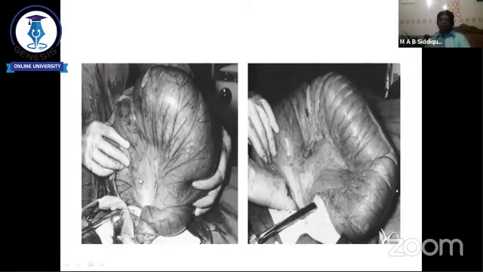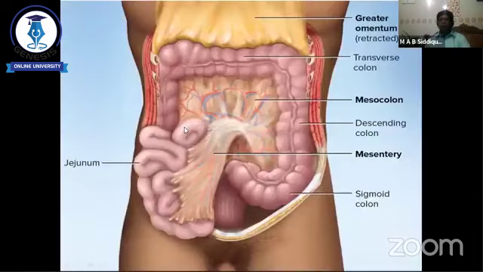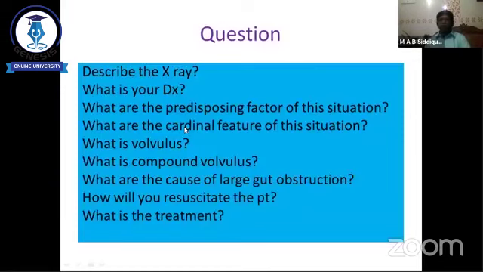So it becomes more prone to develop large gut obstruction, and that is called volvulus. Volvulus is one of the most common large intestinal obstructions.